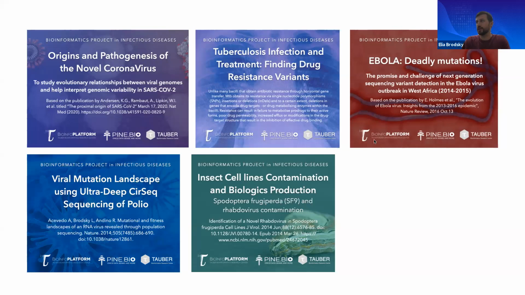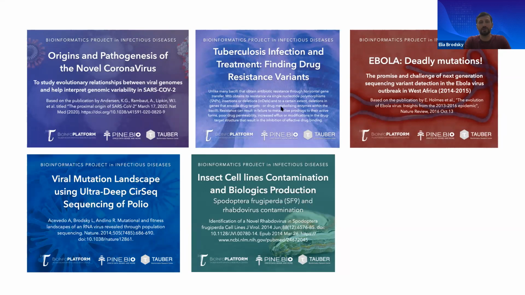We, of course, dealt extensively with Ebola, and the Ebola pandemic in 2014 to 2016 is an example of a pandemic where genomic sequencing was used extensively for the first time to characterize almost in real time the spread of the disease and the changes that occurred in that virus.